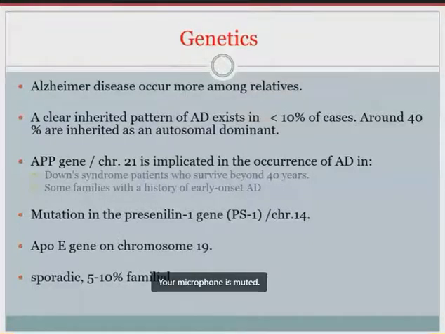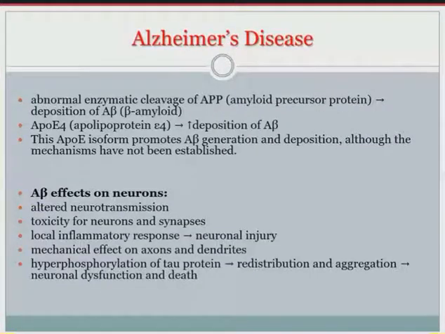Sporadic cases, we have discussed in the earlier slide, are 5 to 10%. The basic thing in Alzheimer's disease is abnormal enzymatic cleavage of amyloid precursor protein, known as APP, which results in the deposition of beta amyloid.